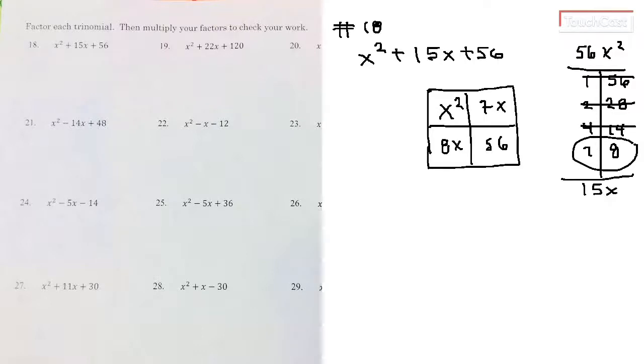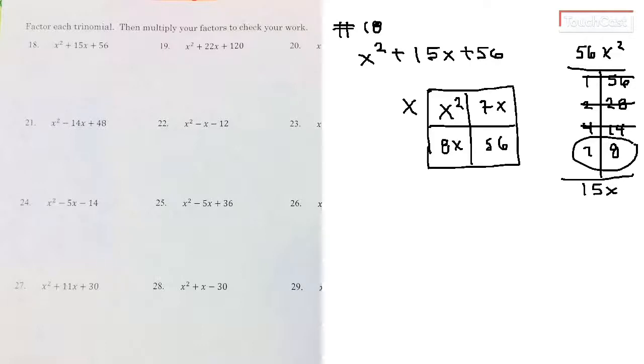Now we will use our GCF going across and up to get our two factors. I will go across the x squared and 7x first. Since it's an x squared and then I have 7x, I know I can take out an x. What is the greatest common factor of 1 and 7?